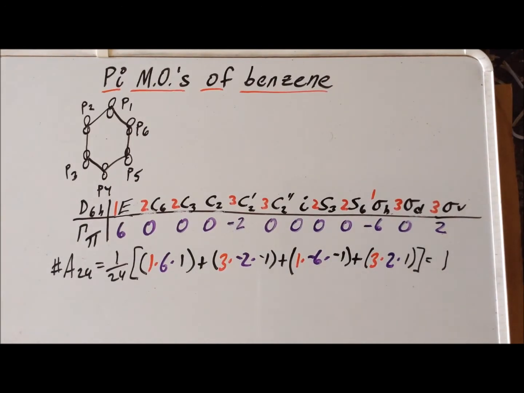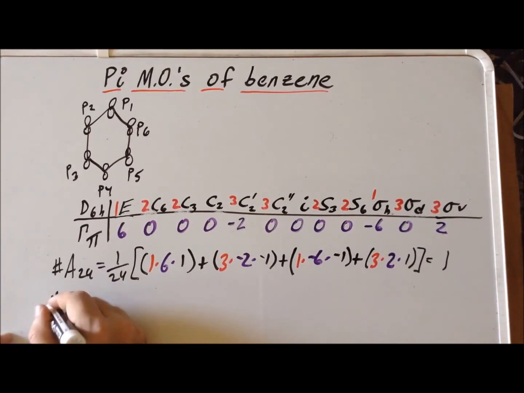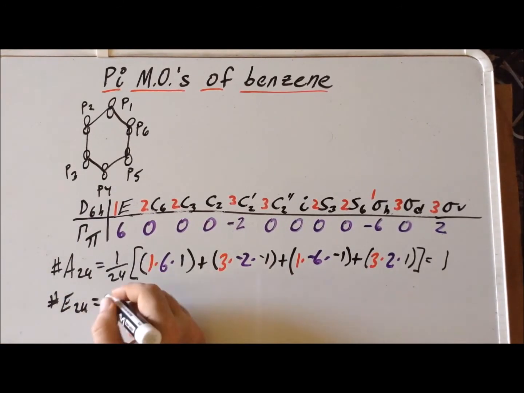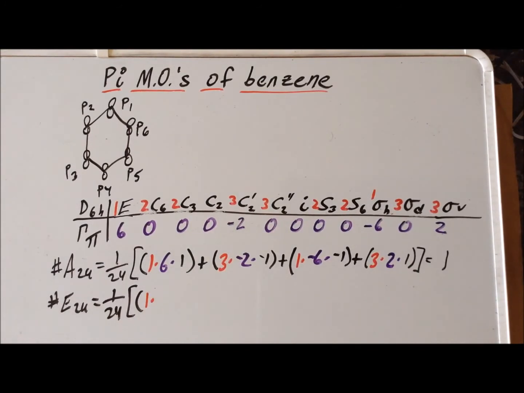Our final irrep to look at is E2U. To see how many of those are included in our reducible representation, we have 1 over 24. And then again, continuing with the E operation, we have 1 operation in the class. The character from the reducible representation is a 6.